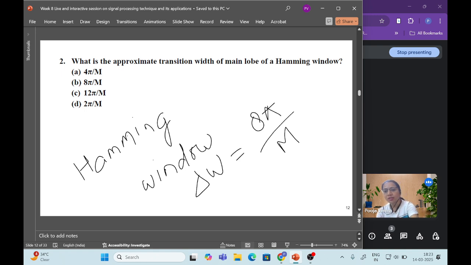So the correct option is B, 8 pi by M. For the Hamming window, the transition width of the main lobe is 8 pi by M.